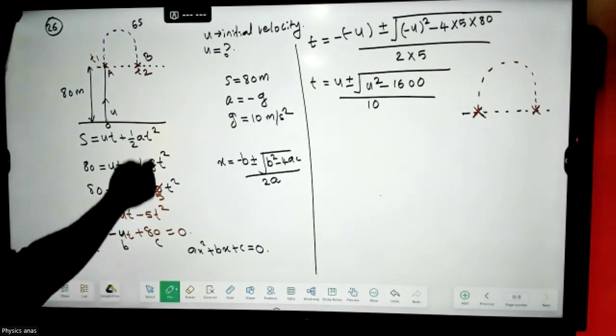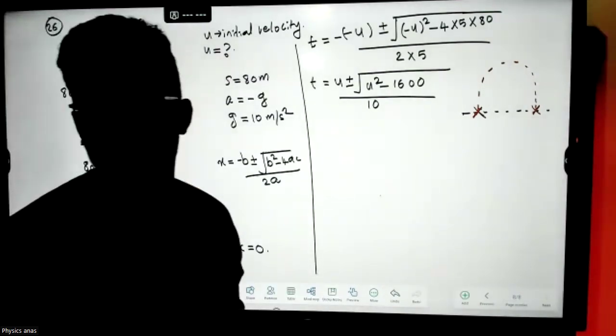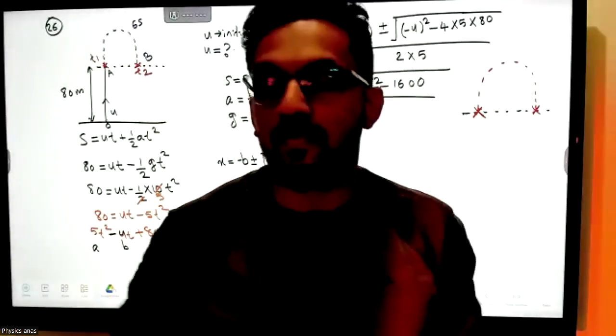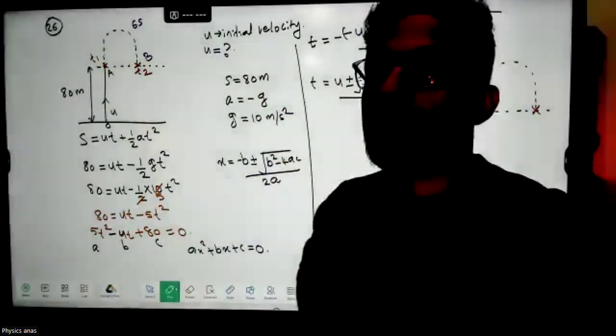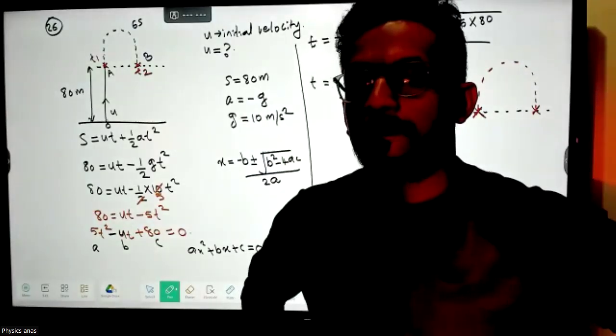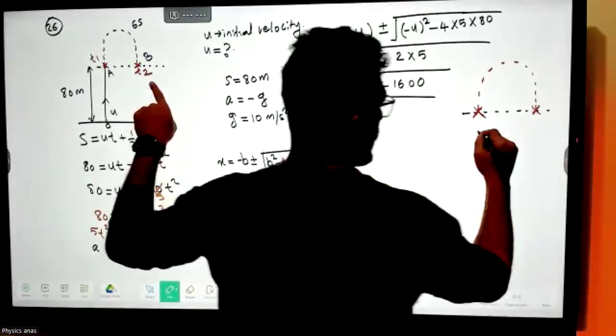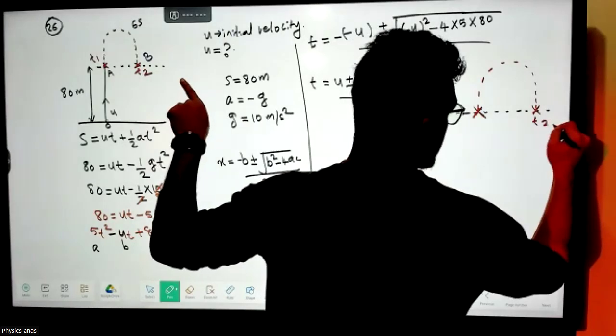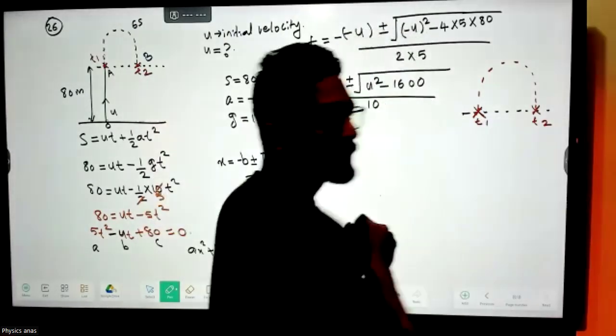Which is the greater, t2 or t1? This is time, so which is the greater one? t2 is the greater one. So this is t2 and this is t1.